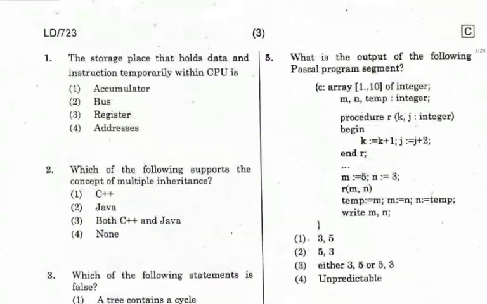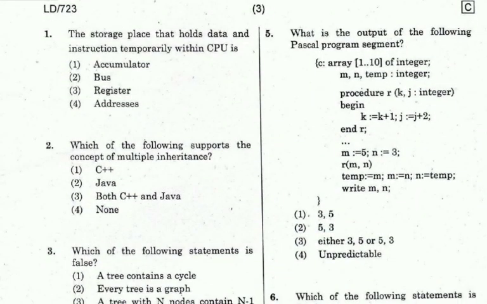So next one. What is the output of the following Pascal program segment? Given a Pascal program segment, we have to find the output of the given program. In Pascal, parameters are passed by value by default. Here, given the procedure with parameters k and j declared as integers, these k and j are local copies.